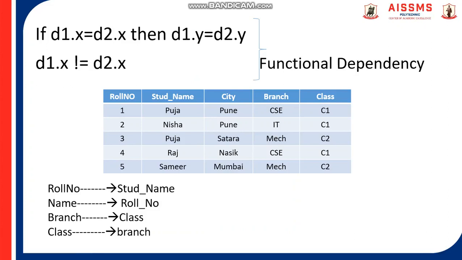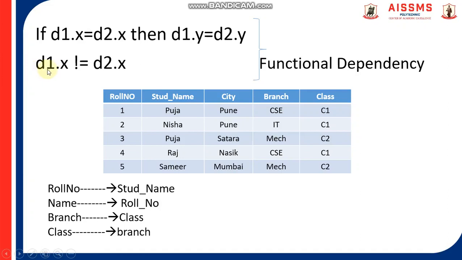Okay, here I am taking one example. Here is one table with some attributes: roll number, student name, city, branch, and class. Here I am giving some rows, and my first condition is d1.x is equal to d2.x, and only then check the y value.